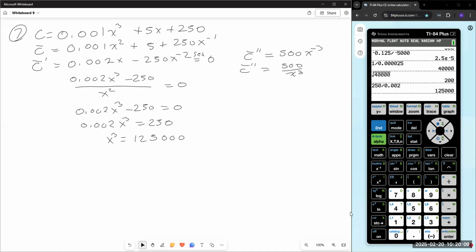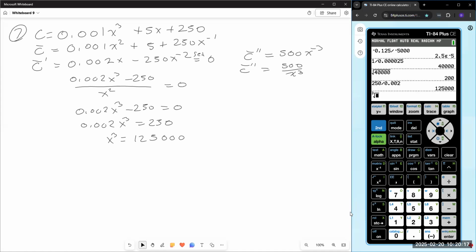Second math, cube root is number 4 of 125,000. That gives me x is equal to 50. Notice because it was an odd power, it's not plus or minus, it's only positive.